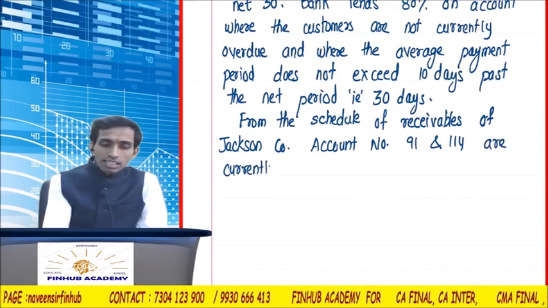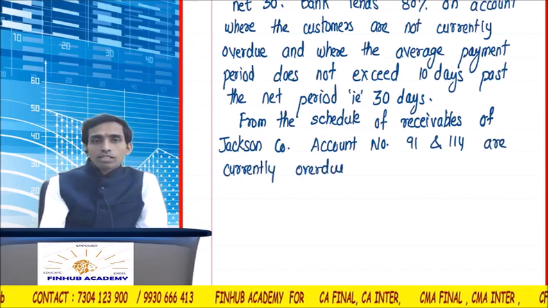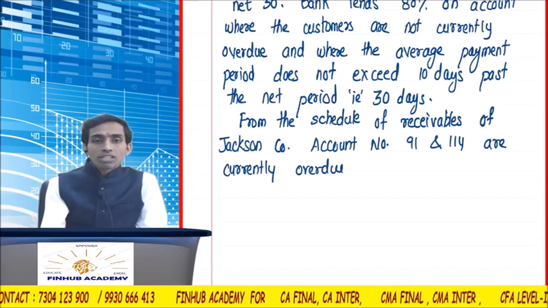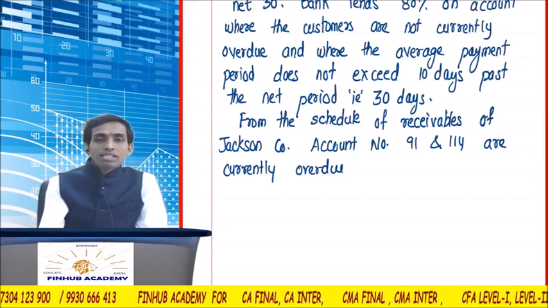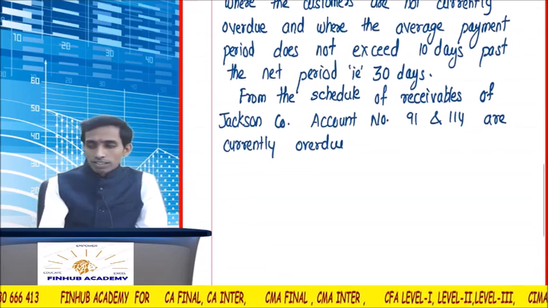Overdue means the company's policy is what? 30 days. But the company gives them a credit period of how much? 45 days. So it's overdue.